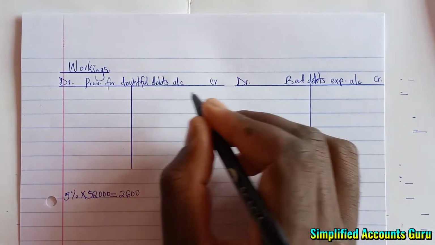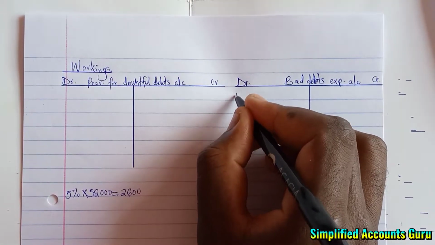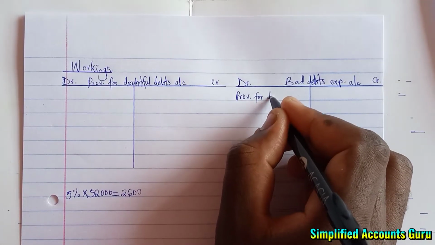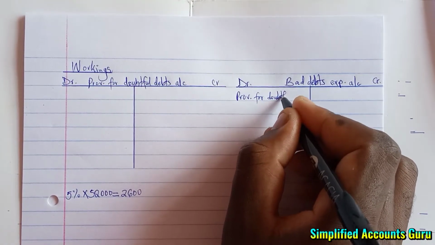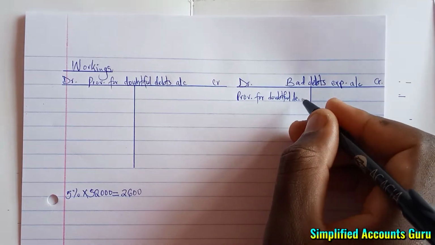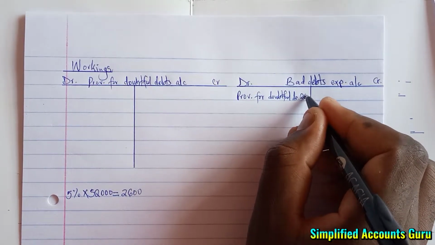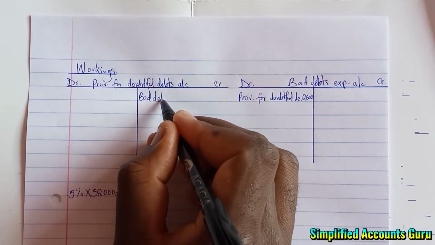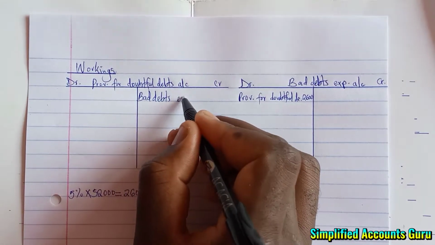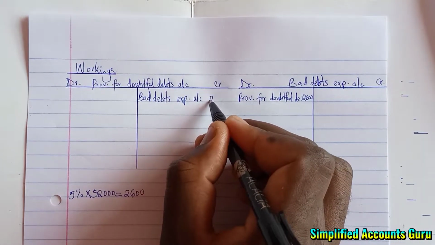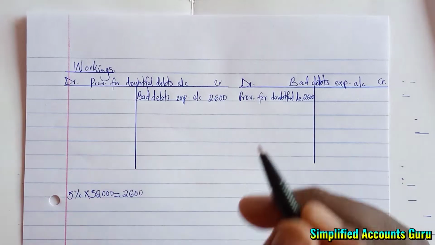So here we shall say, with the name of this other account, provision for doubtful debts. Provision for doubtful debts of 2,600. I'll leave it at that because of space. Bad debts expense account, and their amount will be $2,600.